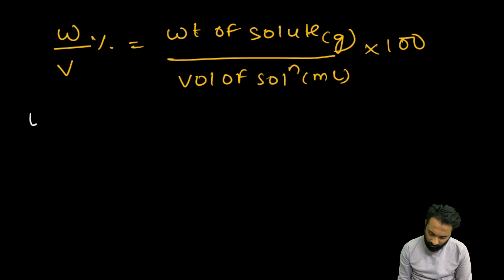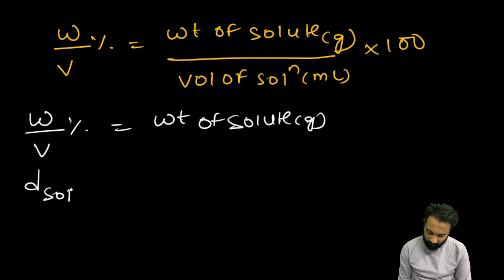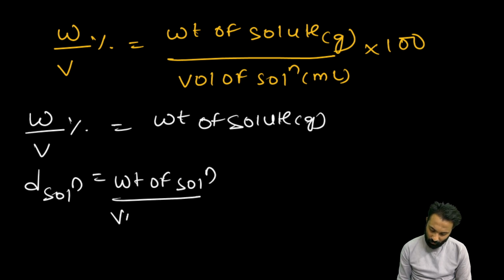Clear? Now, weight by volume percentage is equal to weight of solute in grams by volume of the solution. First we'll go with the density. What is the density formula? Density of solution is equal to weight of solution by volume of solution.